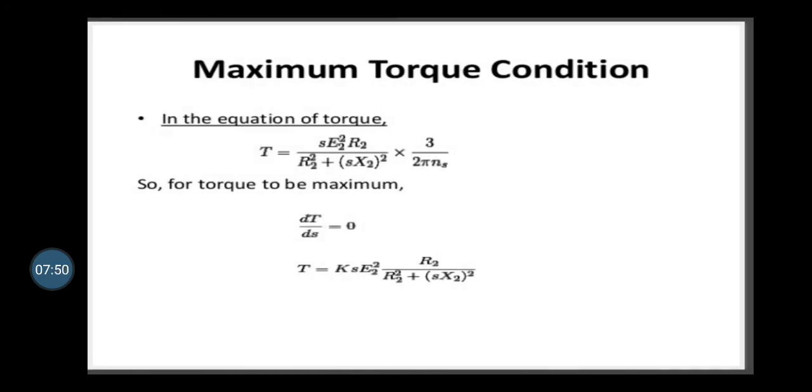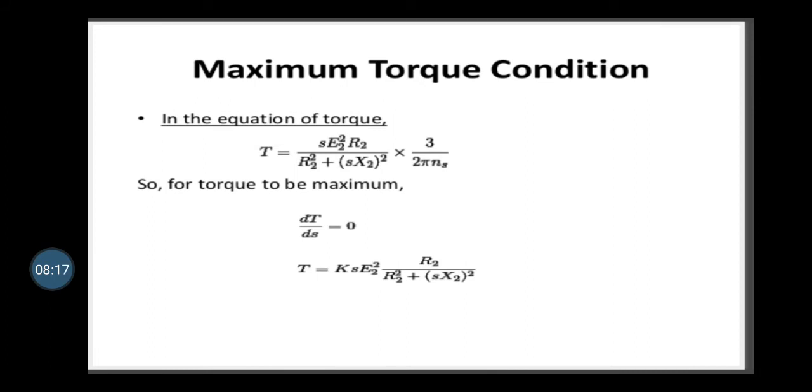Now, the maximum torque condition. The maximum torque condition can be achieved by varying the rotor resistance. By varying the rotor resistance, we can achieve the maximum torque of the induction motor, and that can be found by differentiating the torque equation.